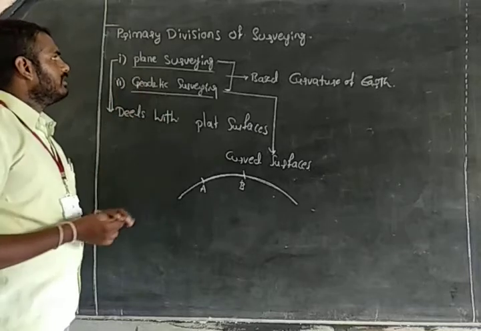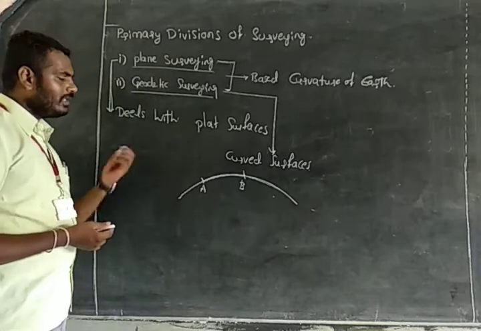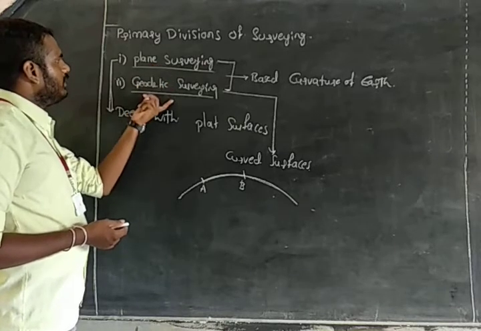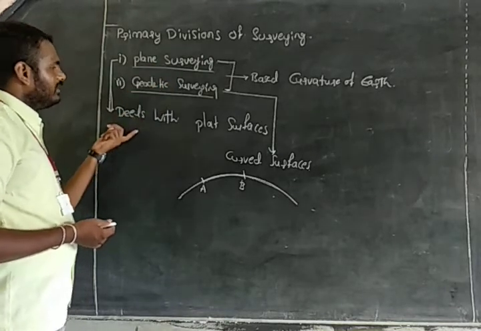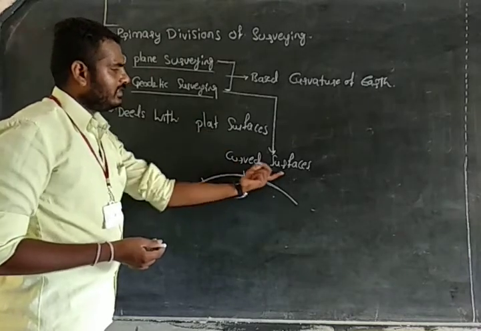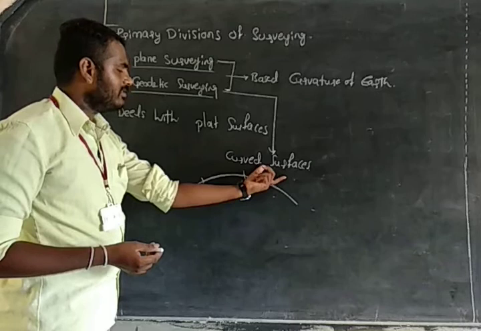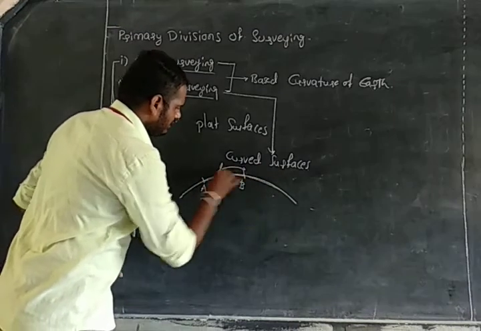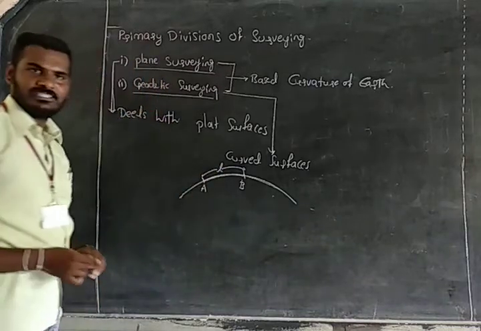Plain and geodetic deal with flat surfaces and curved surfaces, so in actual practice on the curved surface, the length between A and B is the curved length.